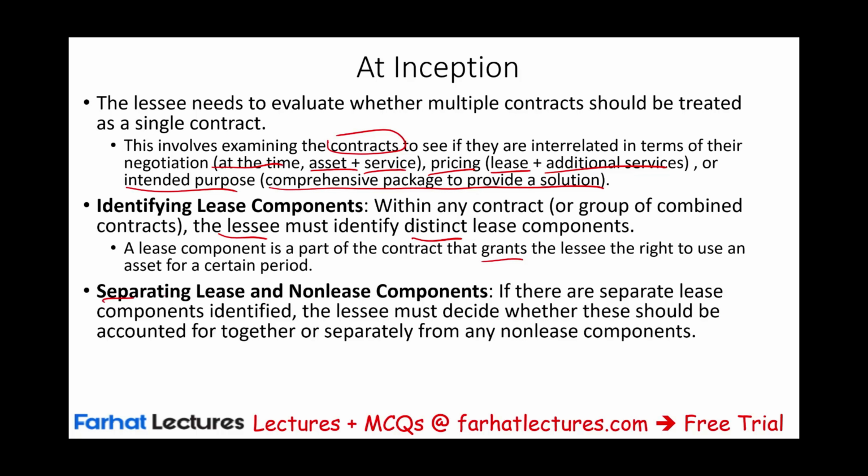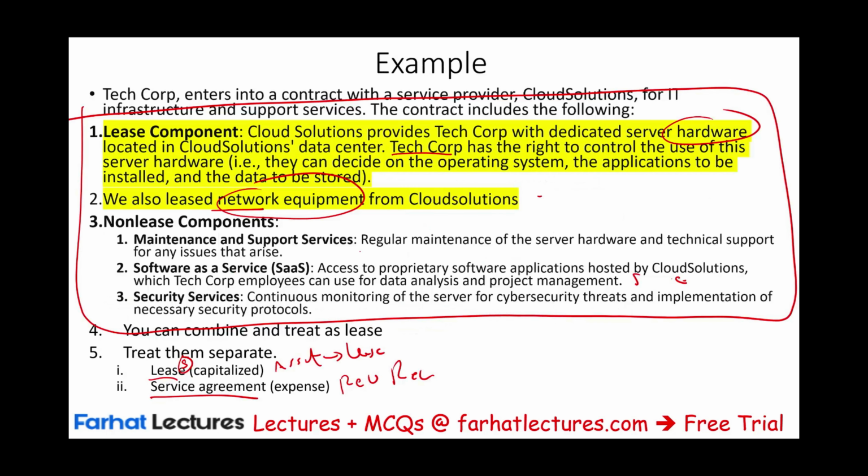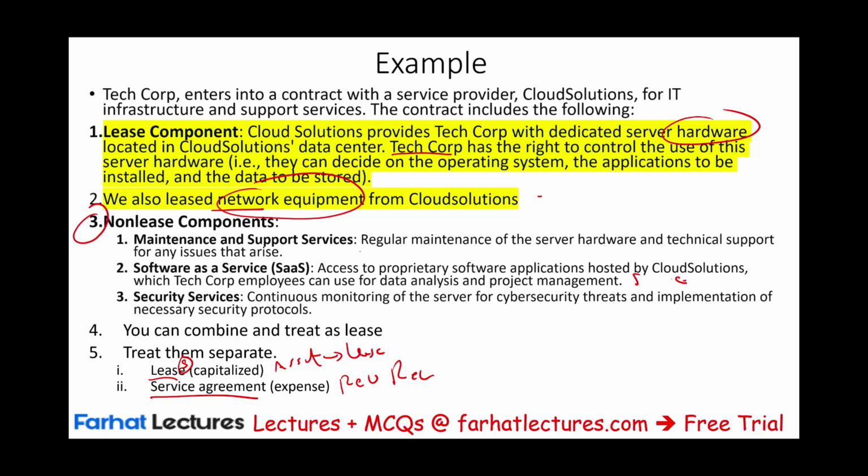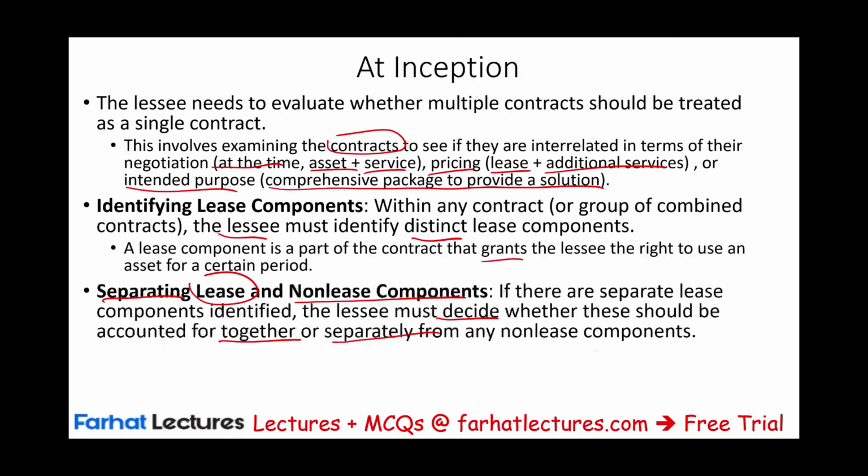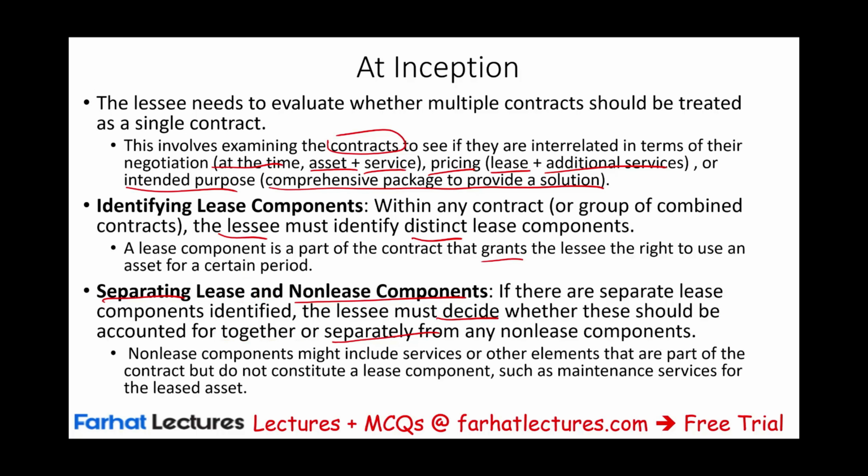Also, we have to separate lease and non-lease components. If separate lease components are identified, the lessee must decide whether these should be accounted for together or separately for any non-lease component. And notice in this, we have 3 non-lease components. We have to decide what we need to do with this at the inception of the lease. Non-lease components might include services and other elements that are part of the contract but do not constitute a lease component, such as maintenance services for the leased asset.